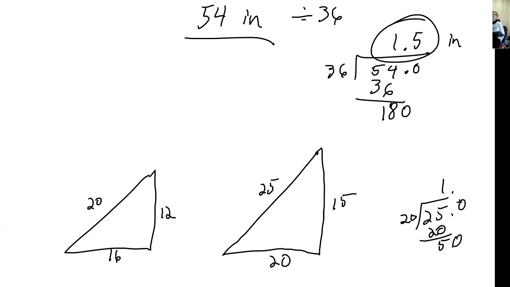So then 20 goes into 50 two times. And then bring down another 0, and that goes in 5 times. So 1.25 is your scale factor. So if I was missing one of these, I could just multiply 16 times 1.25, which is 20.